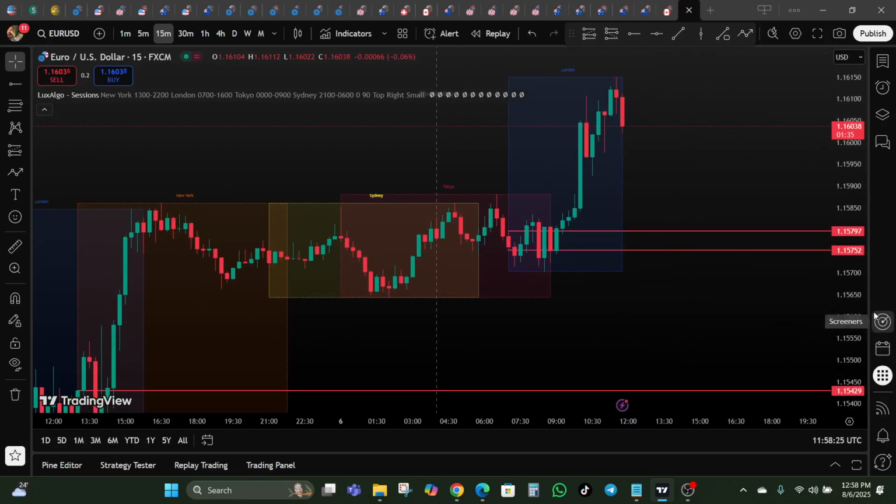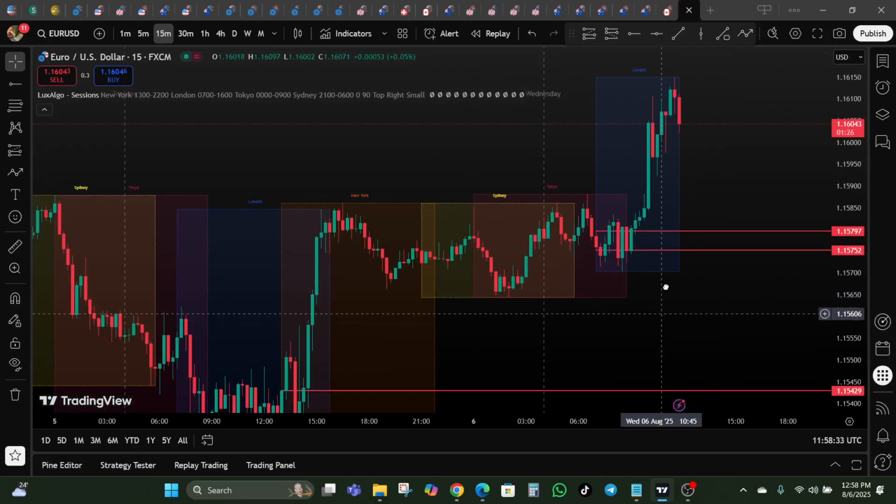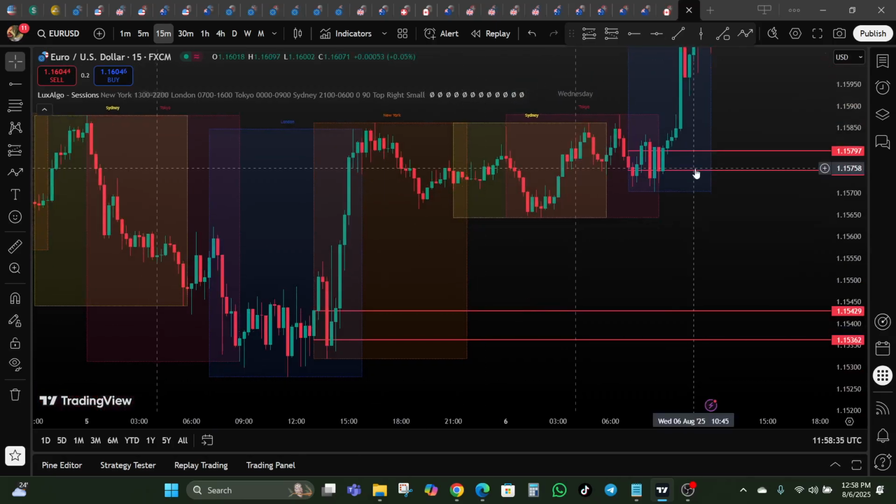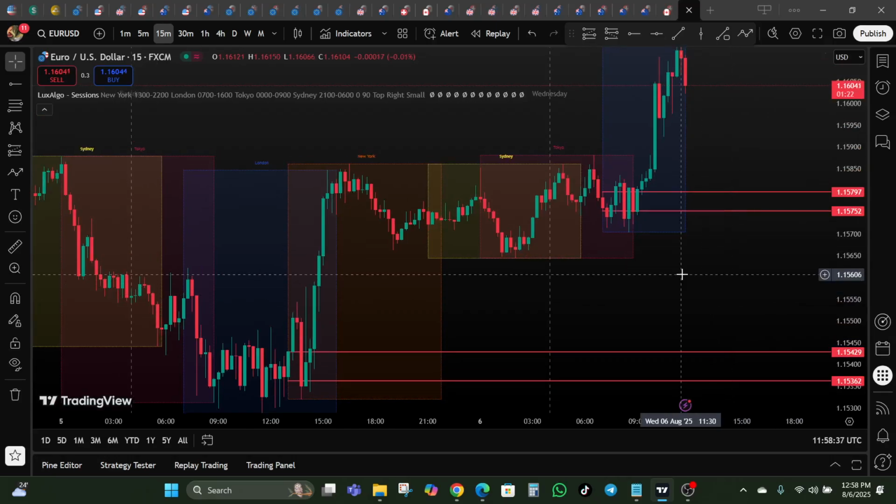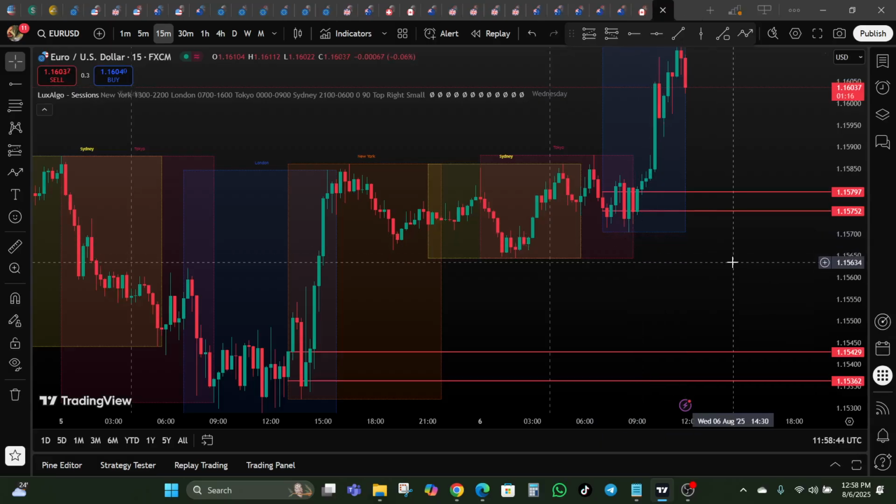Let us get real about the common mistakes, and one of them is chasing the breakout immediately without waiting for confirmation. As you can see from these two examples, there were false breakouts, and had we not waited for confirmation, we would have fallen victim to these breakouts. So it's important to wait for confirmation, and do not ignore context. Trying to trade the ORB in a choppy or low volume market is bad.